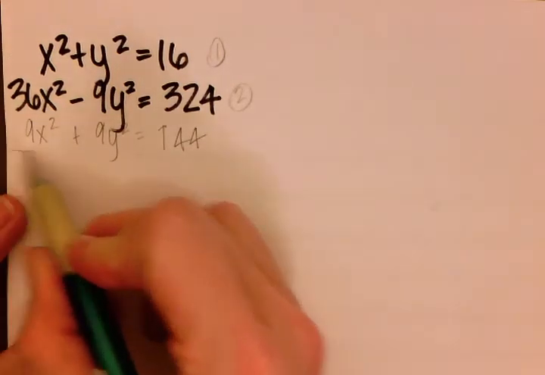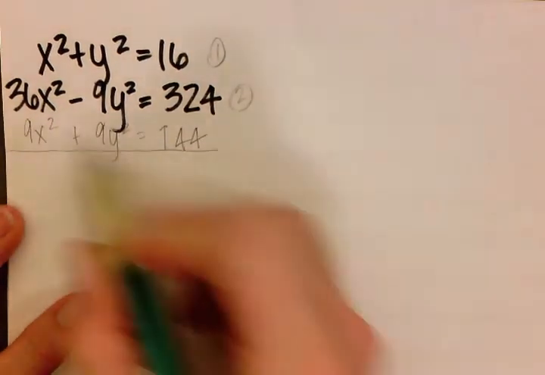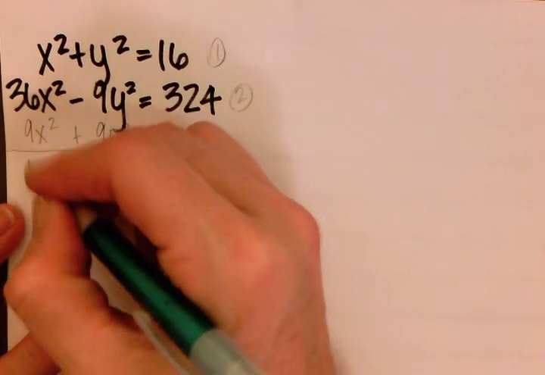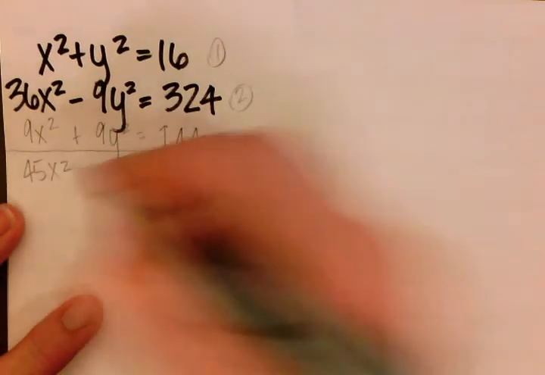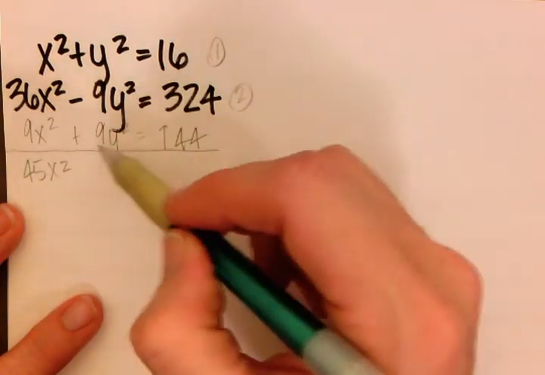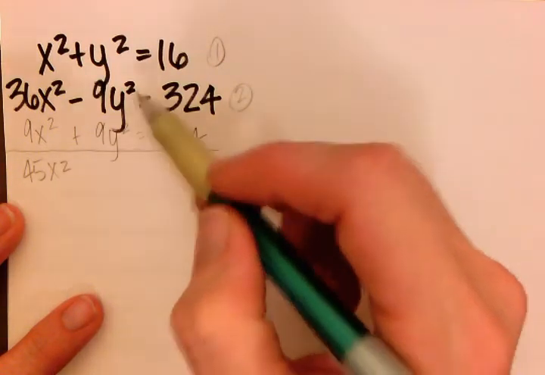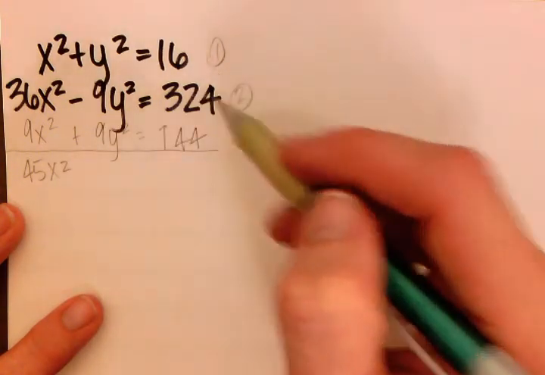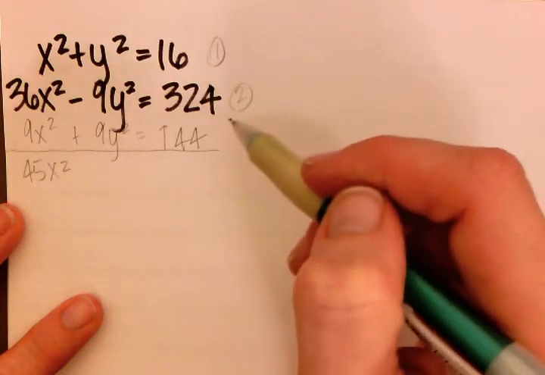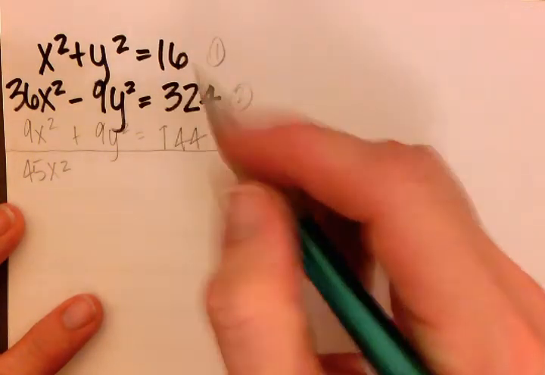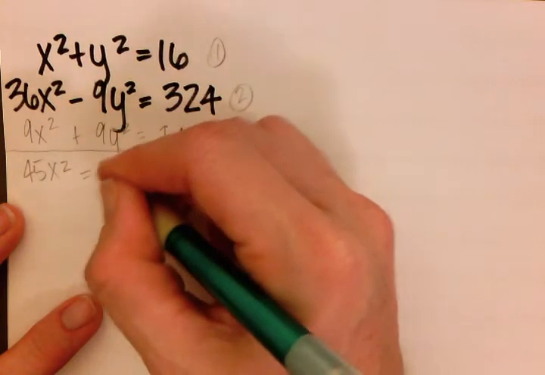If we add those two together, that gives us 45x squared. The y variable cancels out: 9y squared minus 9y squared cancels out. And then 324 plus 144 gives us 468.